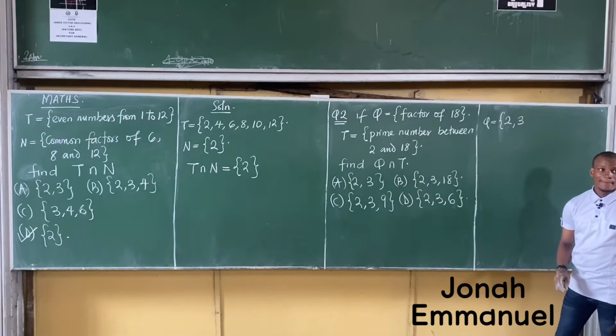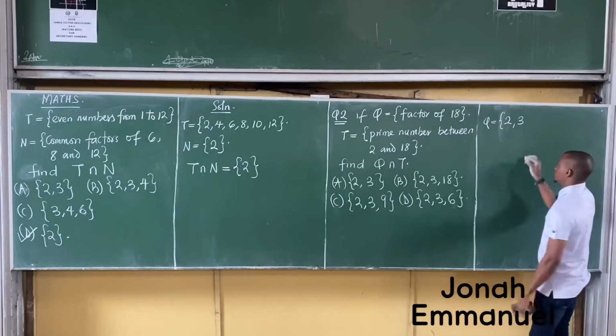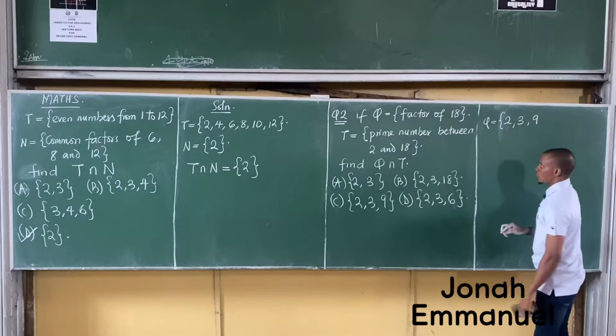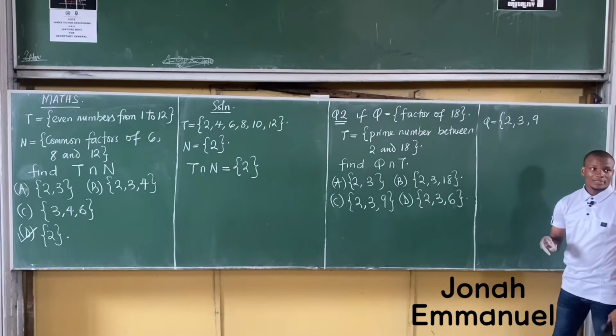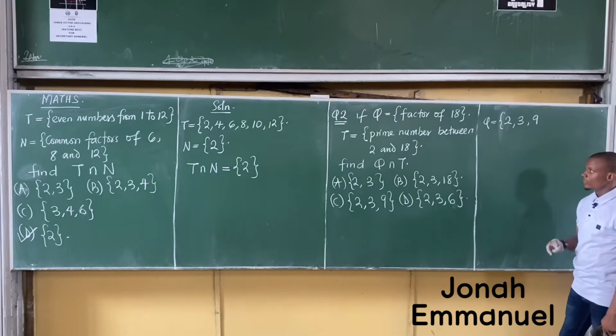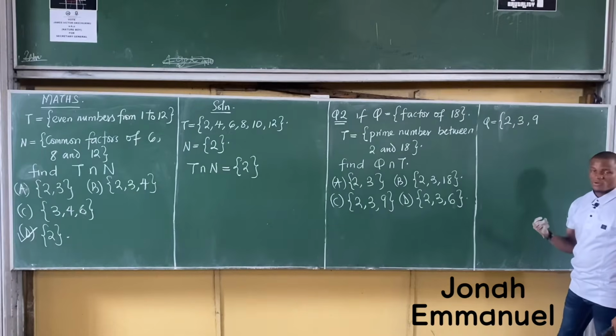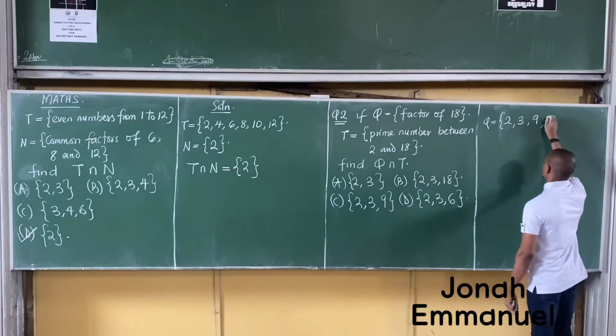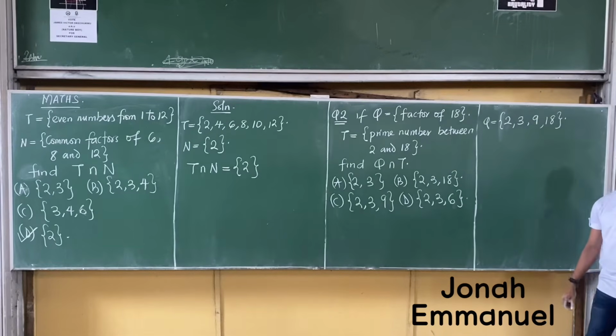What else? 4, no. 5, no. 6, no. 7, no. 8, no. 9. Alright. 10, 11, 12. What's the last thing there? 18 again. So these are the factors of 18.